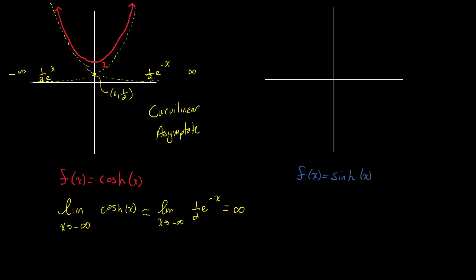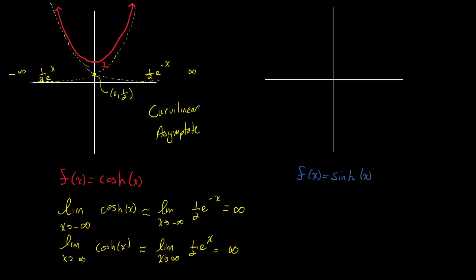So let's look at the limit as x approaches positive infinity of cosh of x. This will be approximately equal to the limit as x approaches positive infinity of 1/2 e to the positive x, and we realize that 1/2 e to the positive x is also approaching positive infinity. So just keep that in mind.